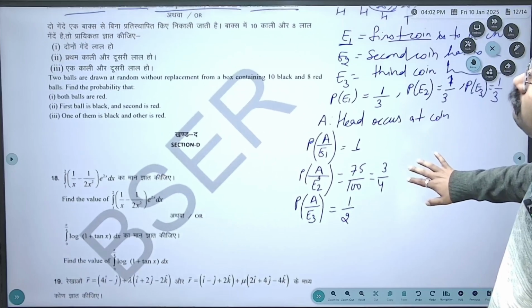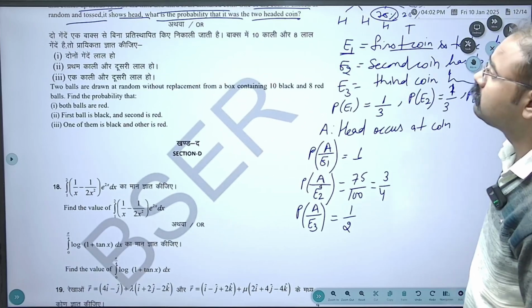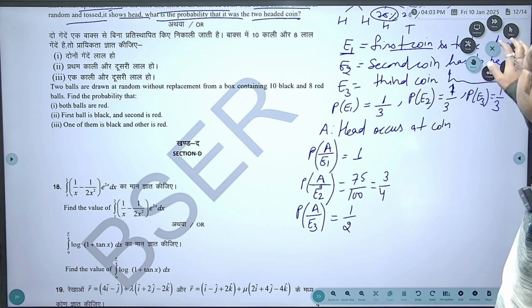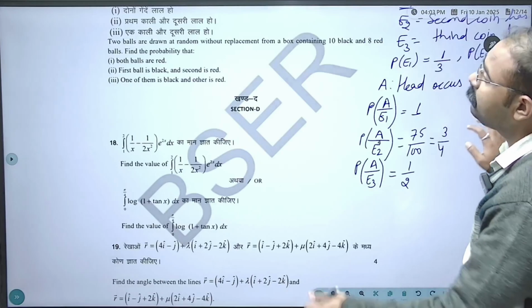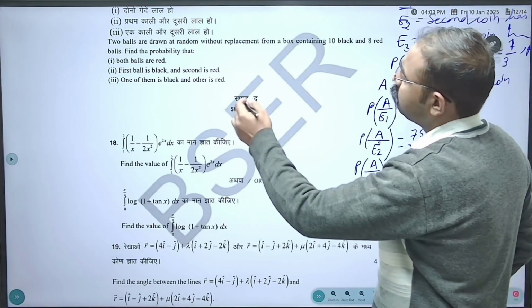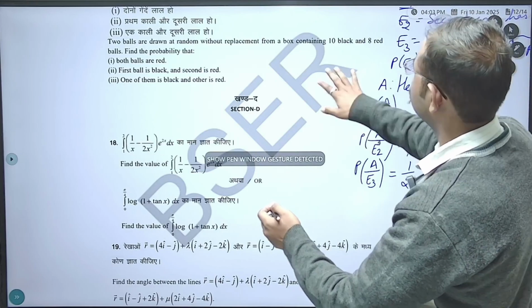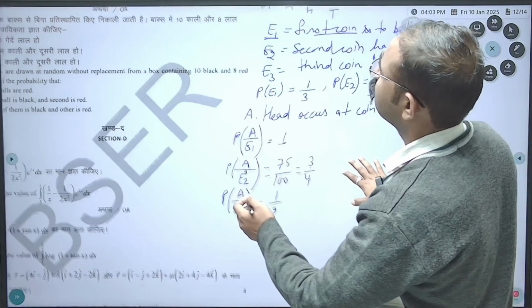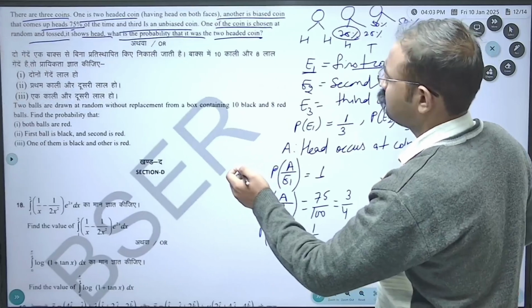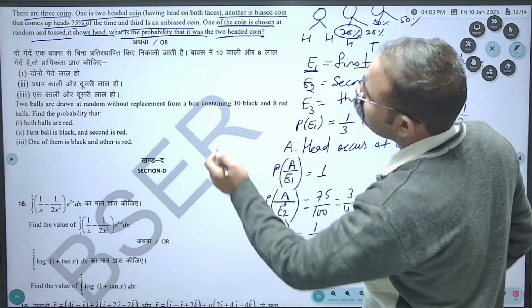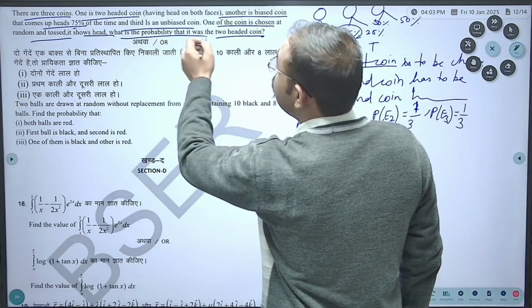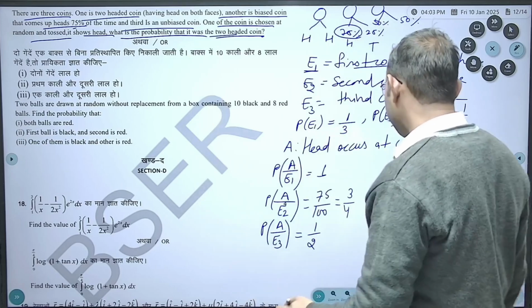Now we have to find what is the probability that it was the two-headed coin.